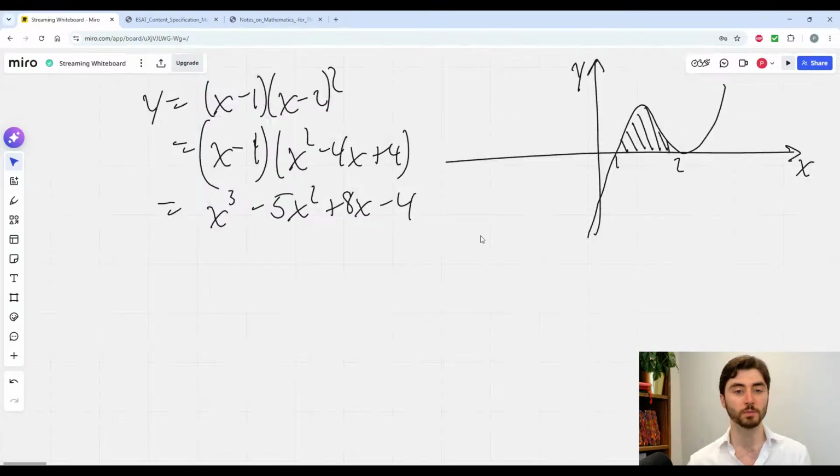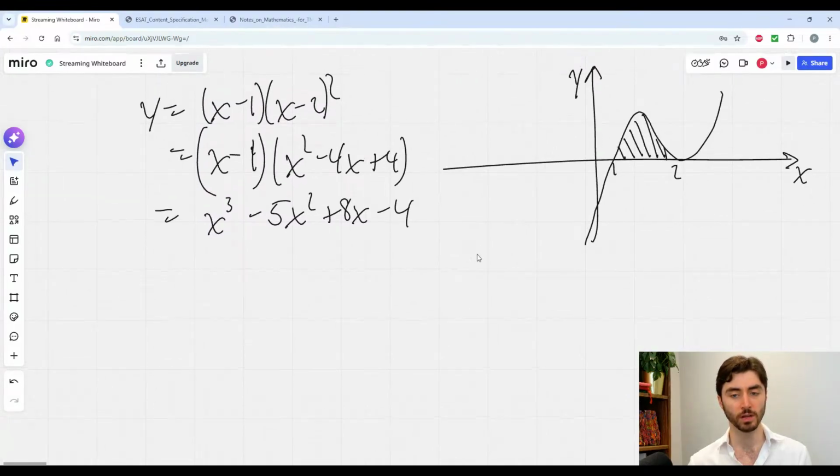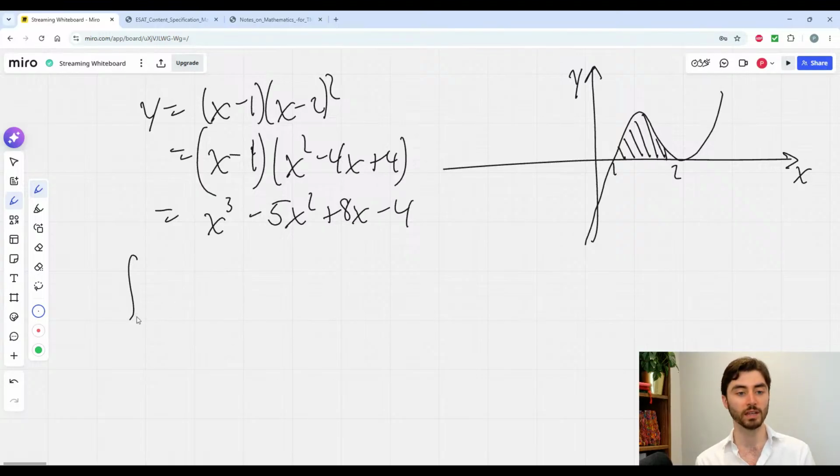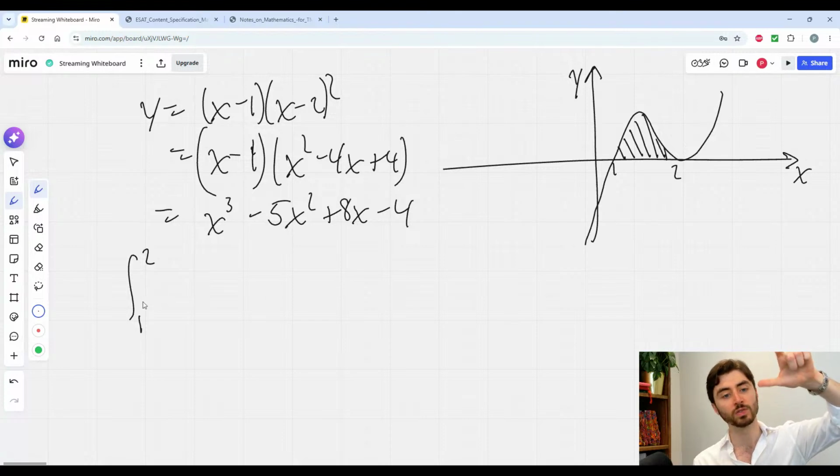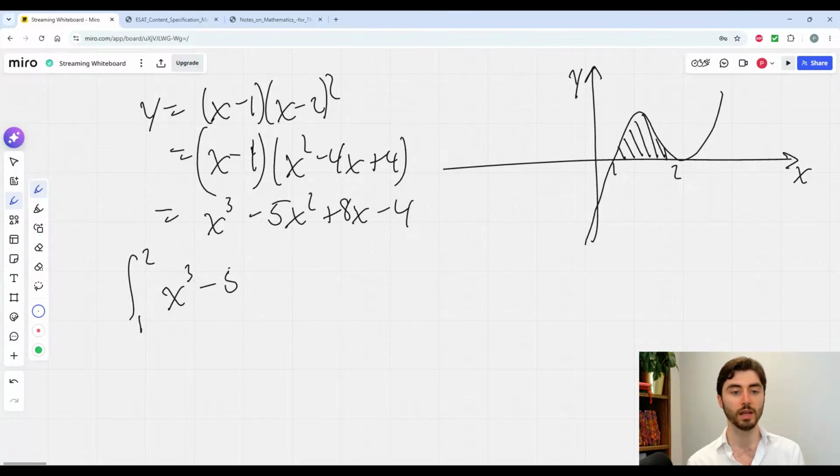To find specific values for an area, we use instead what's called definite integration. So we integrate between 1 and 2, and we write those on the integral. So this tells us I'm going to integrate between x values of 1 and 2. And doing this definite integration process is how you find the area.